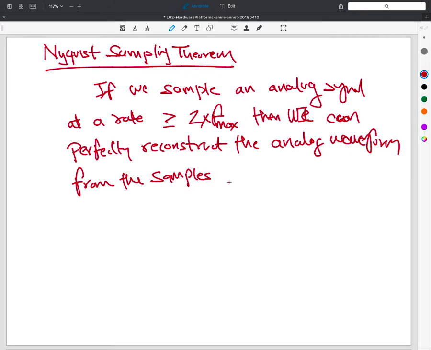So what it means is that let's say I'm monitoring temperature, and the highest frequency component of the temperature, if you were to take its Fourier transform and look at what the frequency component is, say it changes like 1 hertz, then sampling at 2 hertz would allow me to do perfect reconstruction.